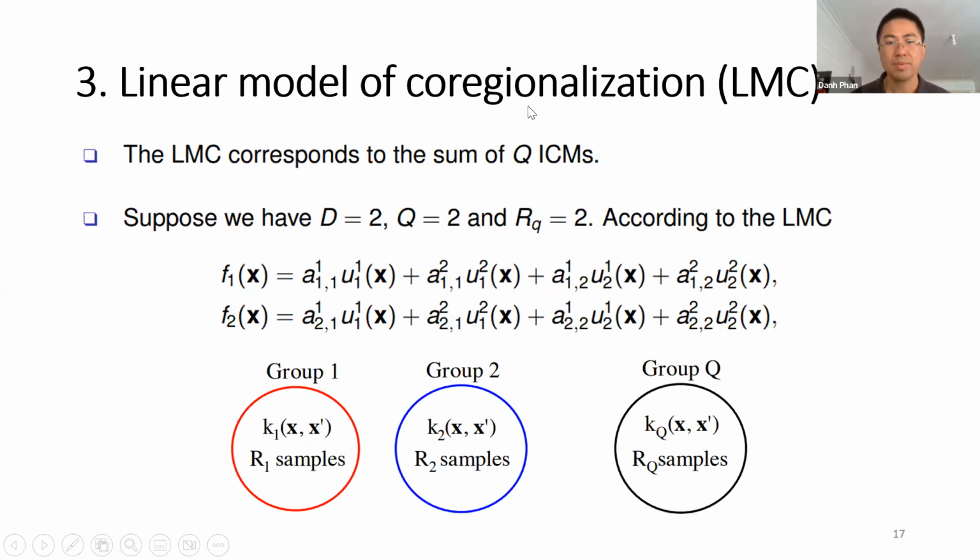So the LCM, or linear model of coregionalization, is a generalization, or the sum of different ICMs together. So those are the two most popular models in multi-output Gaussian processes.